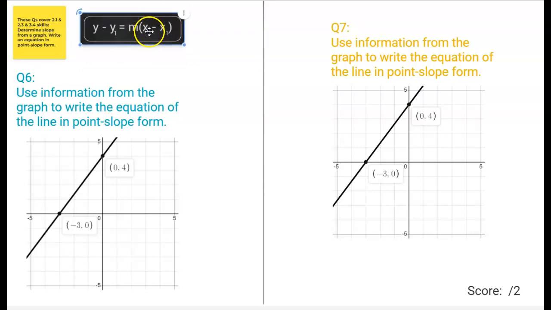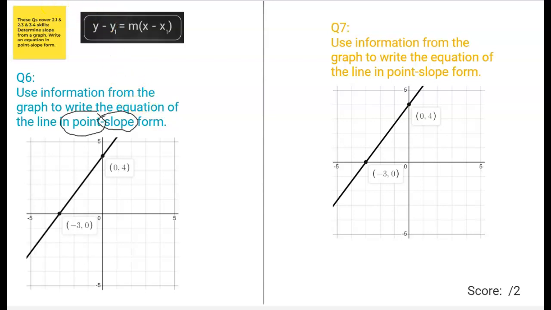Point-slope form is right here. So what you need to know to write an equation in point-slope form is built right into the name. You need to choose one of the points, and you also need to calculate or determine the slope. If you know those two things, you have enough information to write your equation.